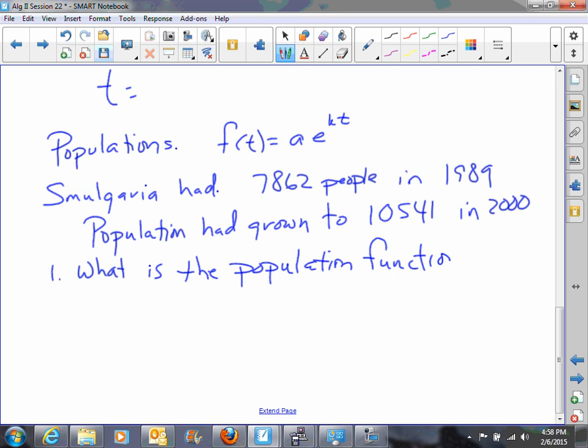And then I'm going to put here in parentheses for years since 1989. In other words, 1989, our time, T, is going to be 0, because there have been 0 years that have occurred since 1989 in 1989. And then question 2, obviously, how many Smolgarians are there now?